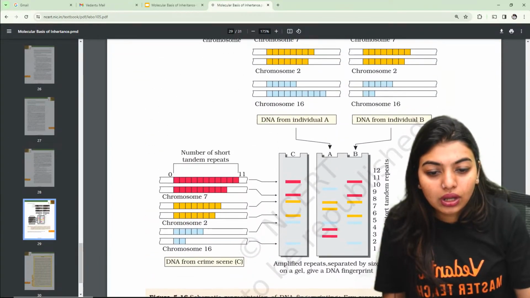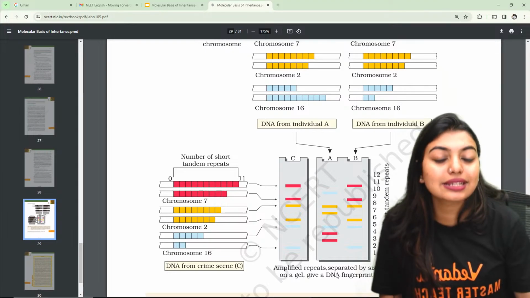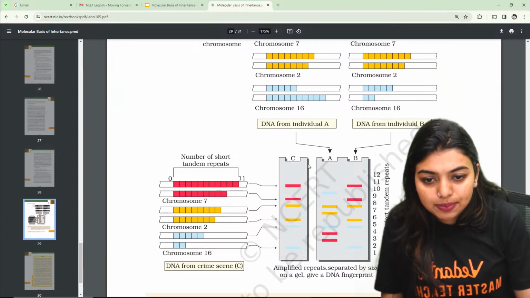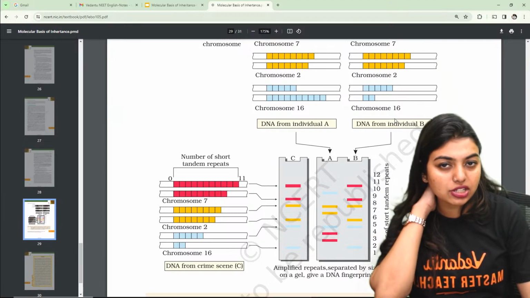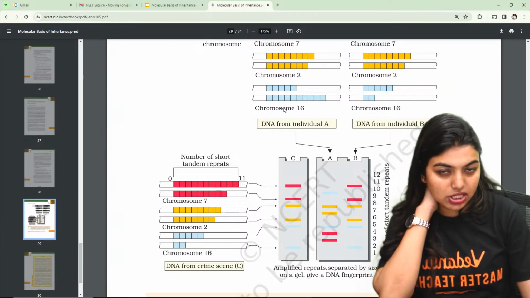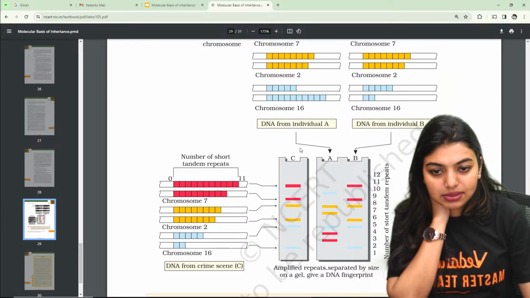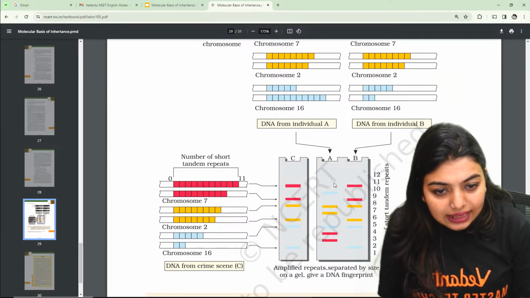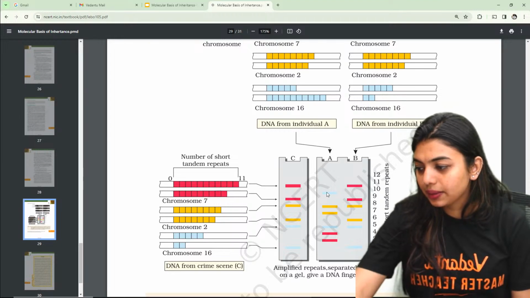The amplified repeats are separated by size on the gel. So this person's will not match this person, nor this person's this person. In the crime scene, we got blood sample C, and that is exactly matching with blood sample B. Is it easy?